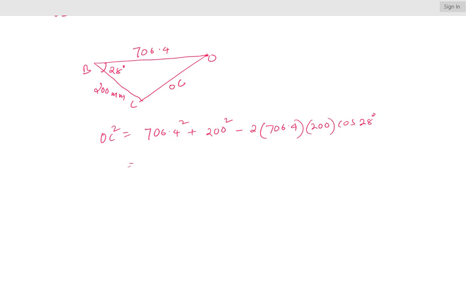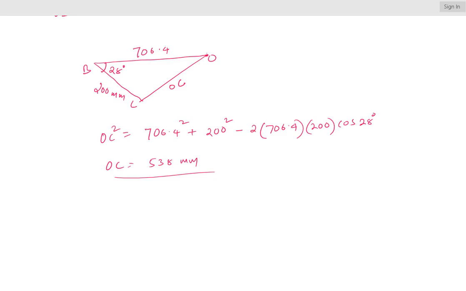When you do that, you get OC as 538 millimeters. Please check my arithmetic here. Okay, so we have all the distances, and what we need to do is find omega first.